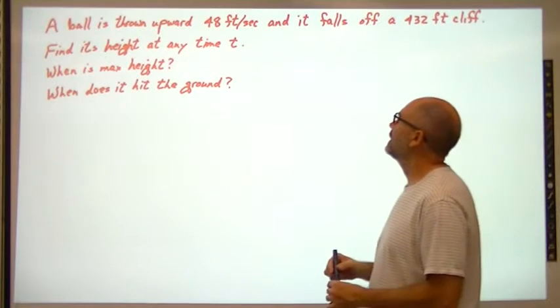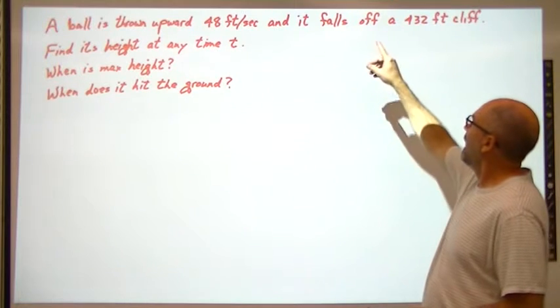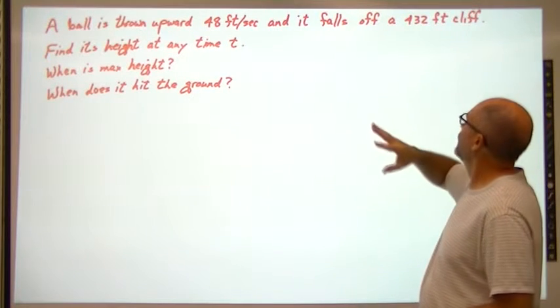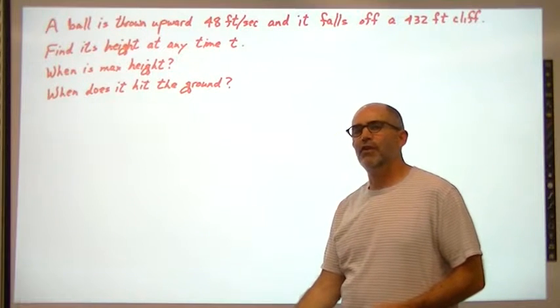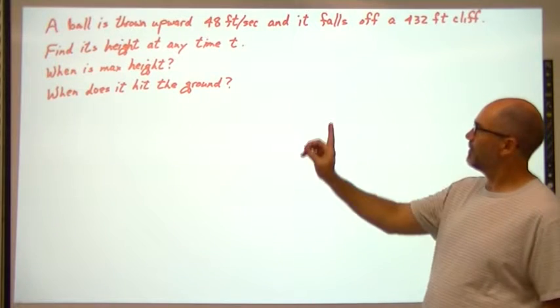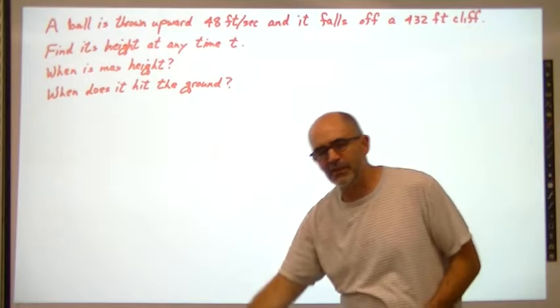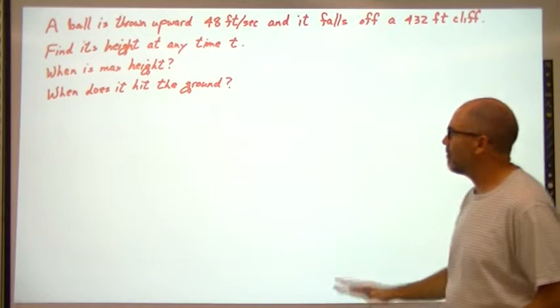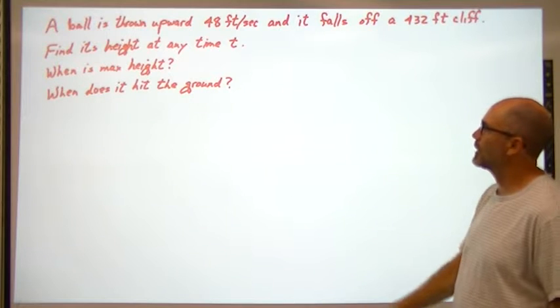A ball is thrown upward 48 feet per second, and it falls off a 432-foot cliff. So we're at 432 feet, and the ball gets shot upward at 48 feet per second, and then it goes up above the cliff, and then it drops straight down to the bottom, 432 feet below the edge of the cliff.